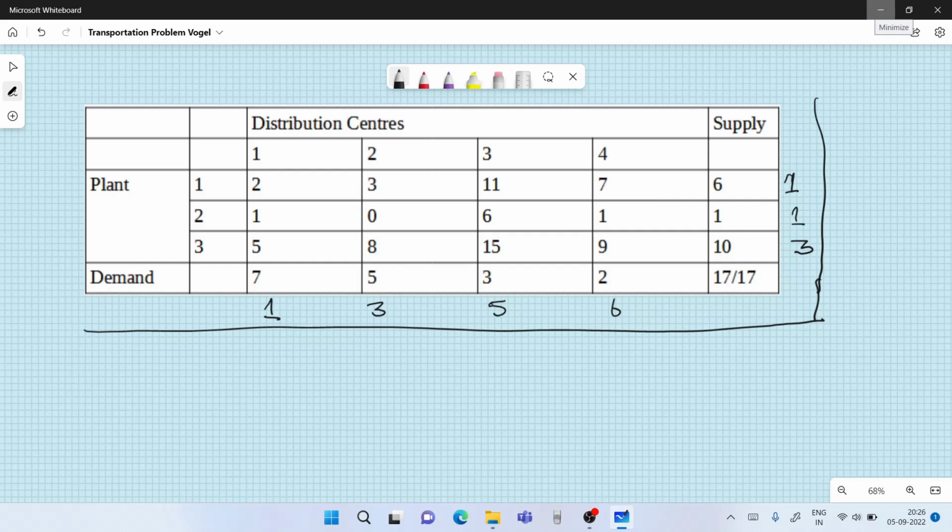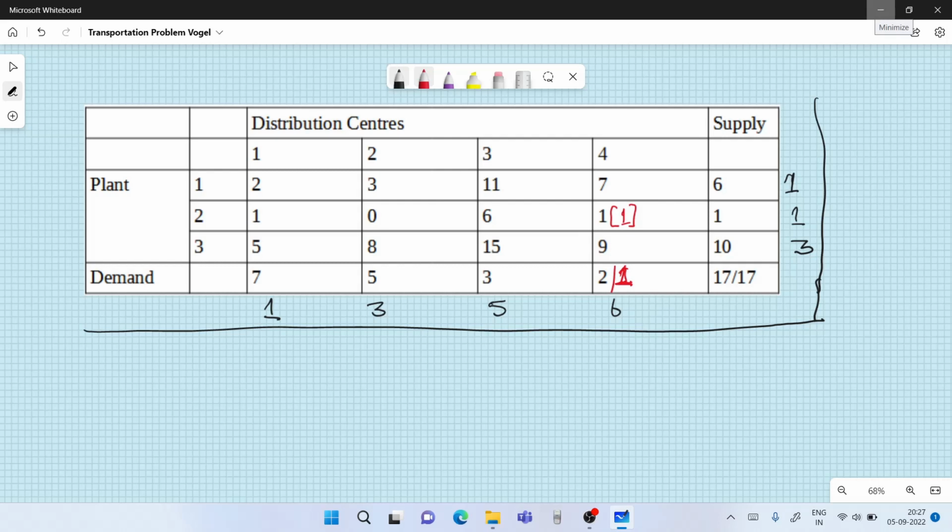So we have column number 4 which has the penalty 6. The least cost here is 1. So we give 1 million liters to cell 24. Therefore, in distribution center number 4, 1 million liter demand remains.